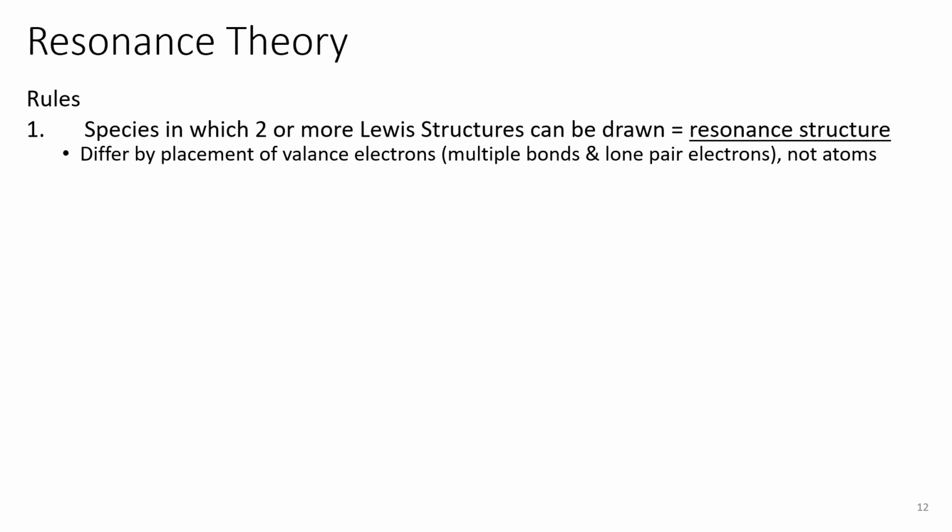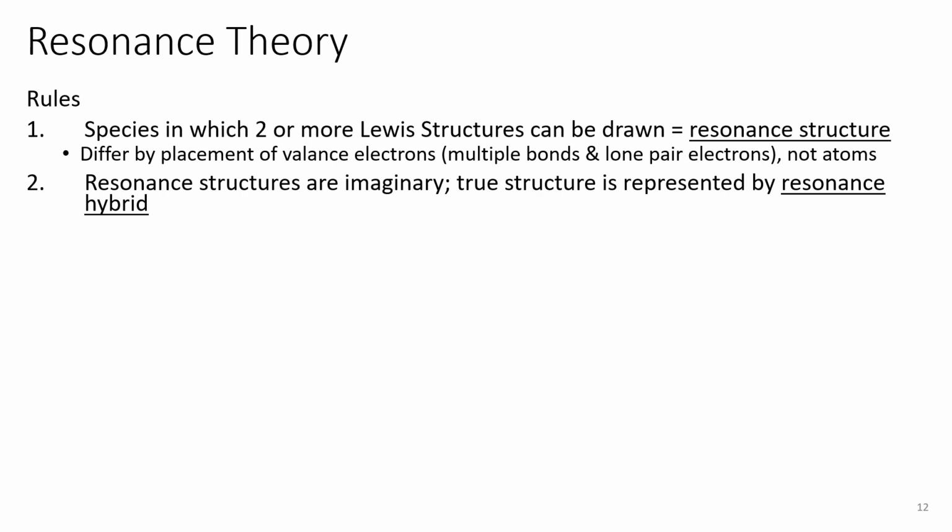With resonance theory, resonance structures are imaginary. There's not an actual structure that looks like either one of the resonance structures that we draw on paper. Remember, we're drawing on paper what we think things should look like. The true structure in nature would be represented by what we call a resonance hybrid.